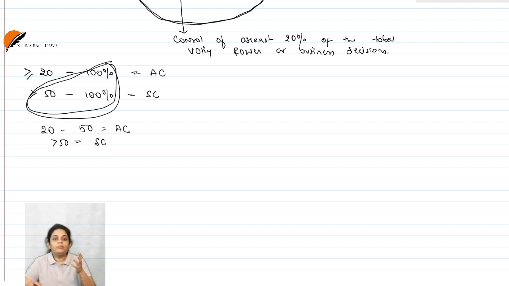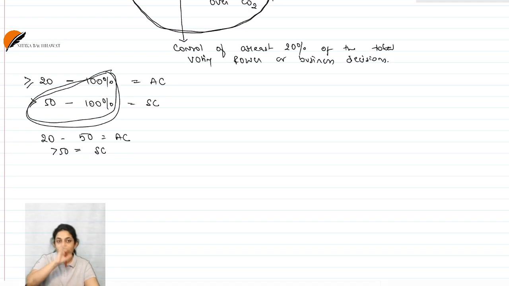So if, let's say, Suzuki has 20% or more of the holding in that, or controls the composition of the board, takes the business decisions, it becomes what? Associate. The Maruti Suzuki becomes associate of Suzuki. Correct? Otherwise everything is equal in a joint venture. But if I have extra 20% control, then Maruti Suzuki will become my associate.